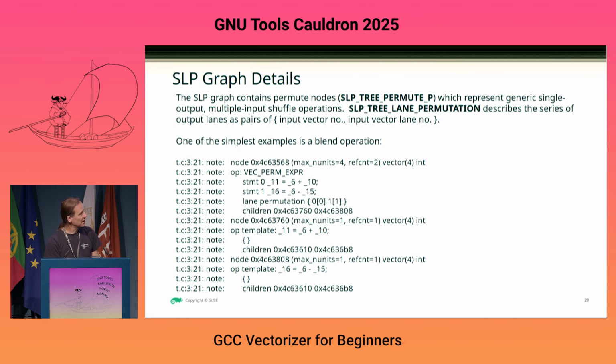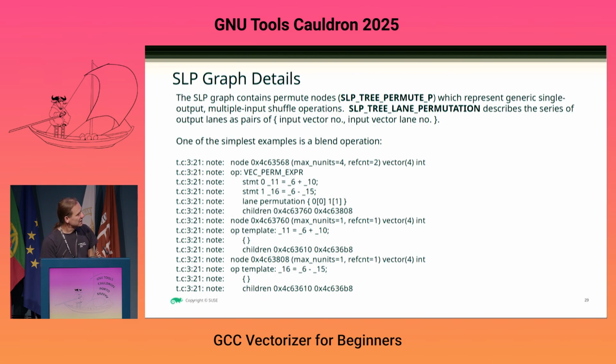And the second lane comes from the second child and the second lane of that child, right? And so you can basically form arbitrary concatenation and permutation of an arbitrary number of inputs, but for code generation, we only can handle up to two inputs, because vectorizers can only have two input permutations, right, at most.